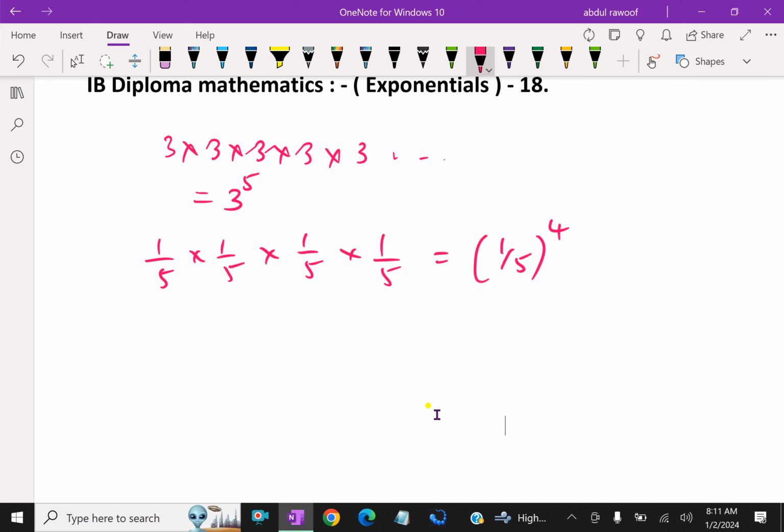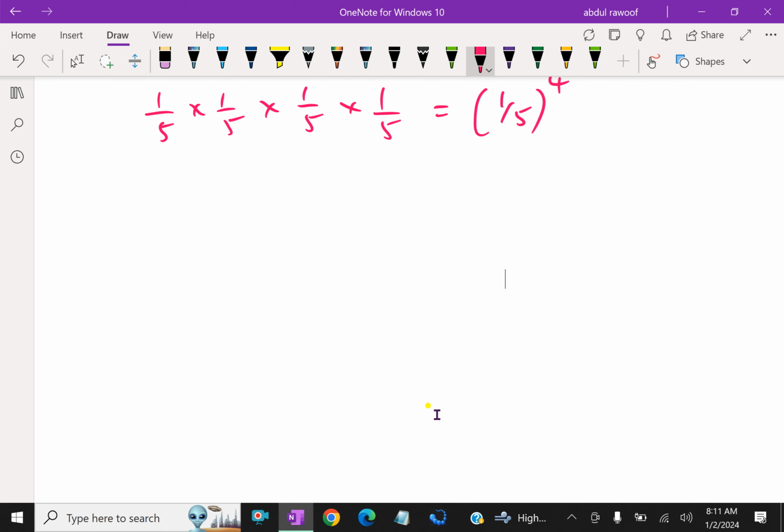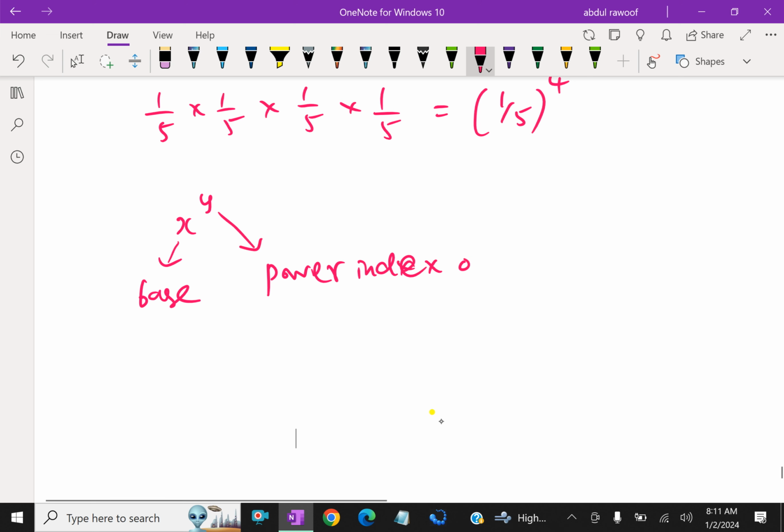Now, in general, x power y, which means x is the base and y is the power, index, or exponent.